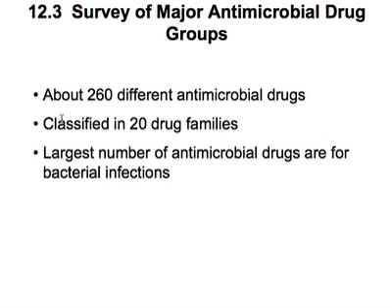There are around 260 different antimicrobial drugs available, and they are classified into 20 drug families. And the largest number of antimicrobial drugs are for bacterial infections, but a big problem we're noticing is that bacteria are fairly quick at developing resistance to a lot of these drugs, and unfortunately producing these drugs, at least from a pharmaceutical standpoint, isn't as cost effective, or doesn't make the pharmaceutical companies enough money to make it a viable option.